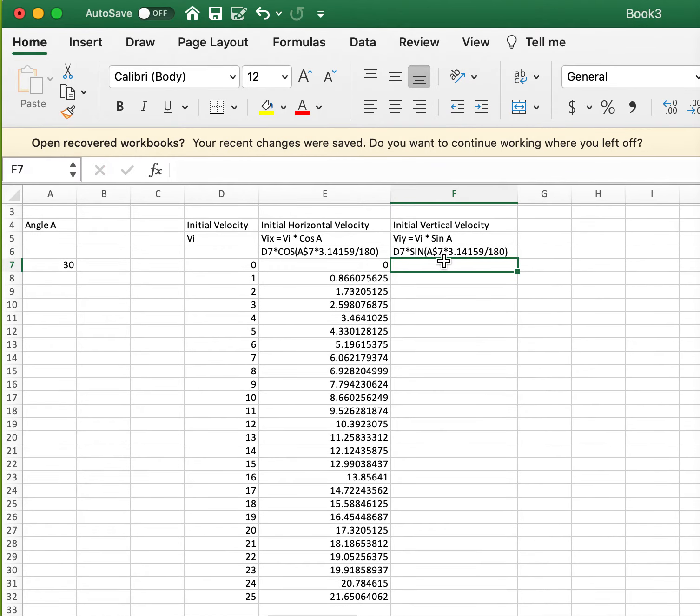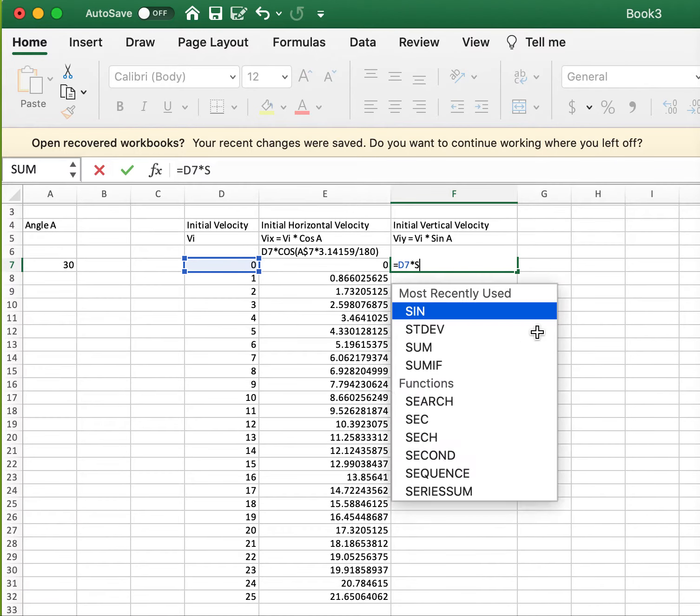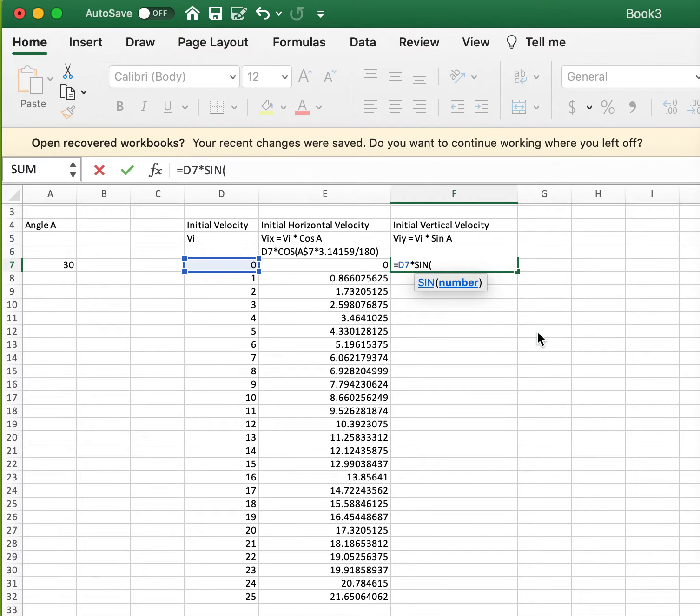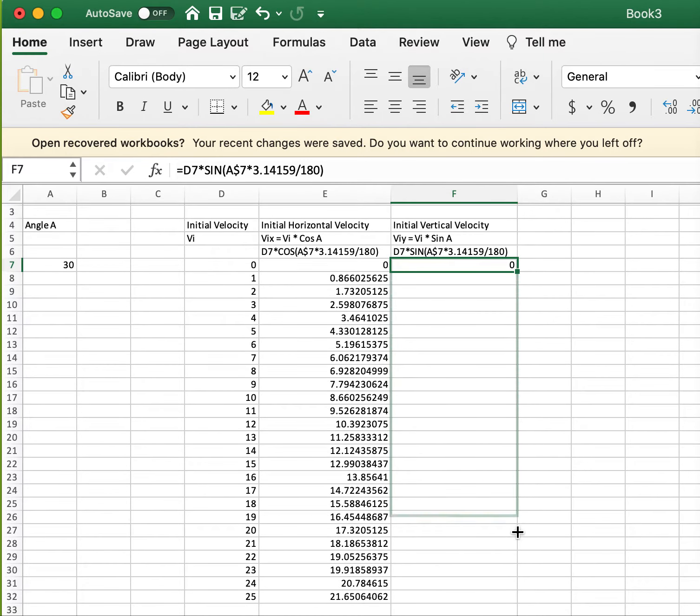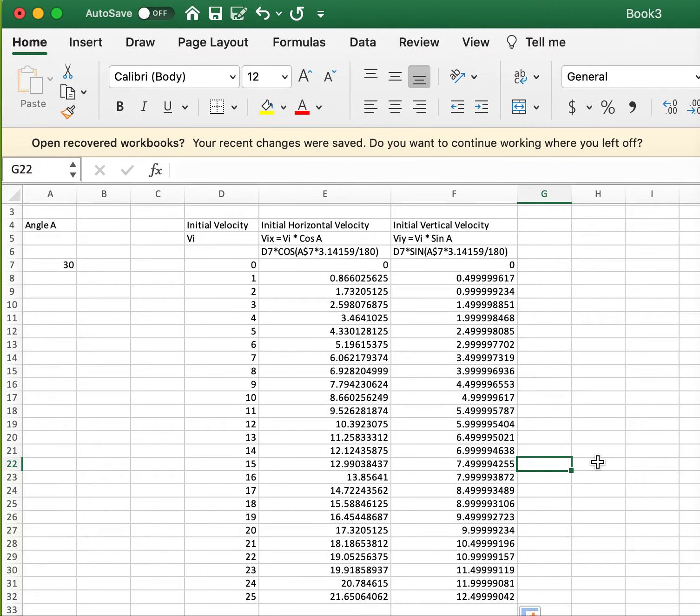The $8.7 makes it lock onto that cell. That's the reason the dollars was there. Okay, sine. Alright, drag that down. Yeah, that looks pretty good.